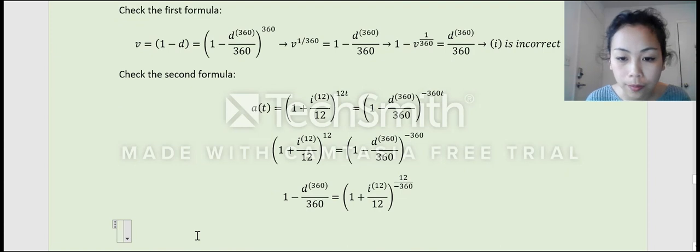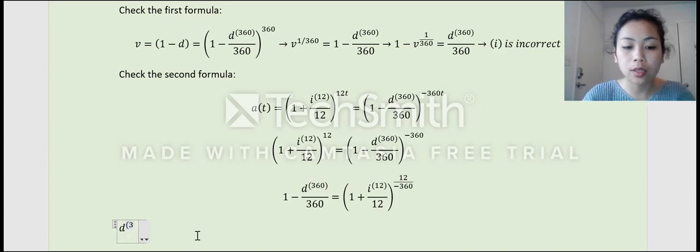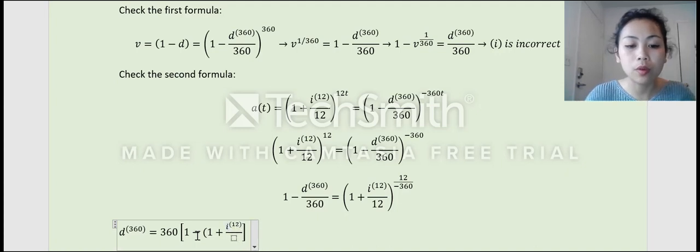So here we have these formulas, and d^(360) would be equal to 360 times 1 minus (1 plus i^(12) over 12) to the power of negative 1 over 30.